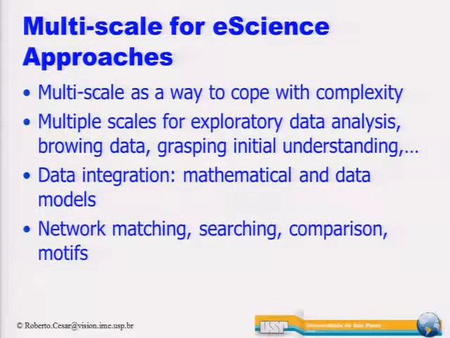Finally, there are some good aspects of using multiscale techniques. First of all, using multiple scales is a way of coping with complexity in the data. And multiple scales greatly allow the development of techniques for exploratory data analysis. When you start studying a problem and you simply don't know what to do, using multiscale techniques is a good way to initially grasp some intuition and understanding about the data.